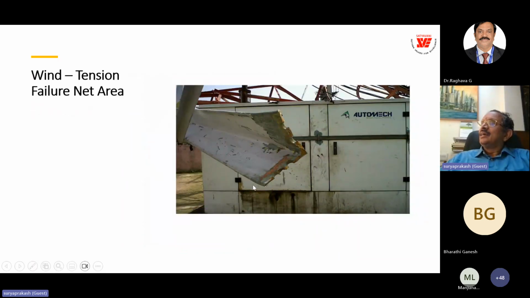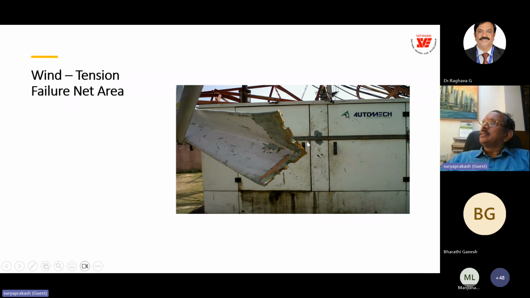And here is another classic case of net area, which we have in the code, that is A plus B, net area of the section. Normally you have staggered bolts along working lines, and with staggered bolts we deduct the area of 2 bolts from the gross area.